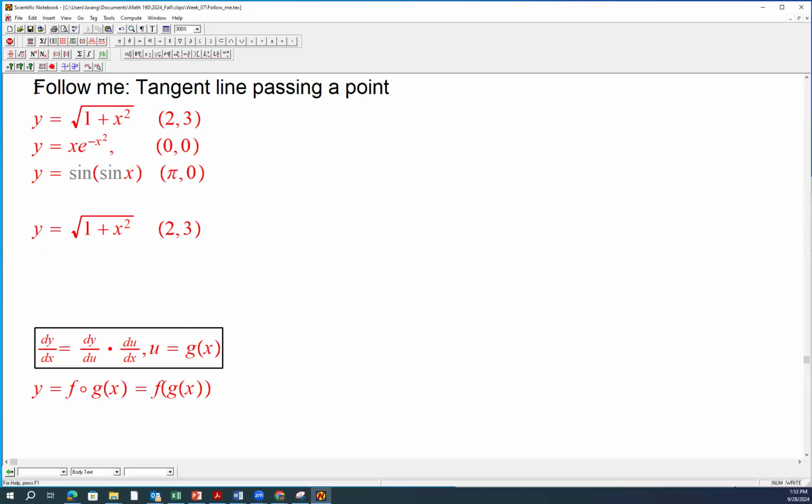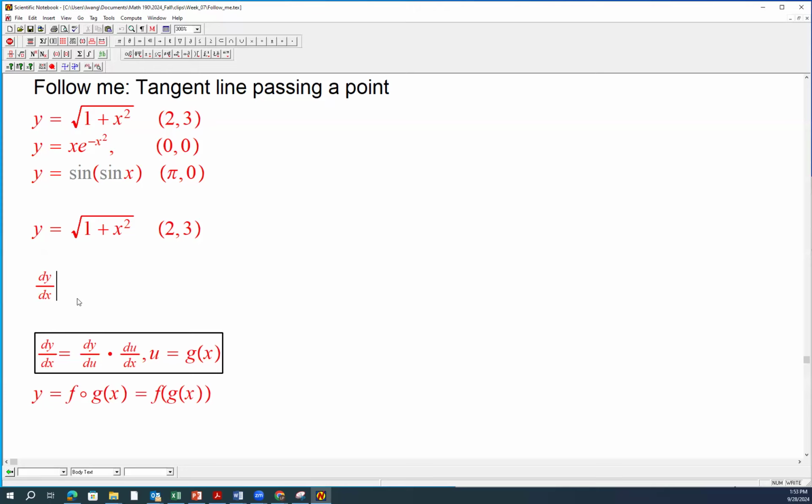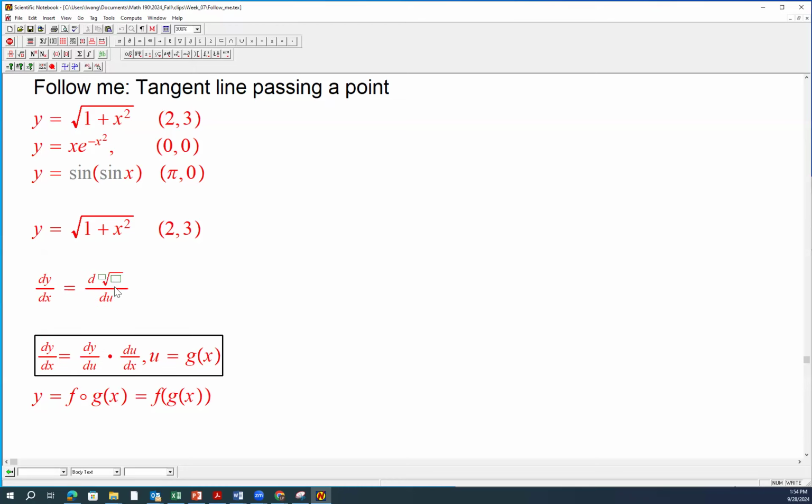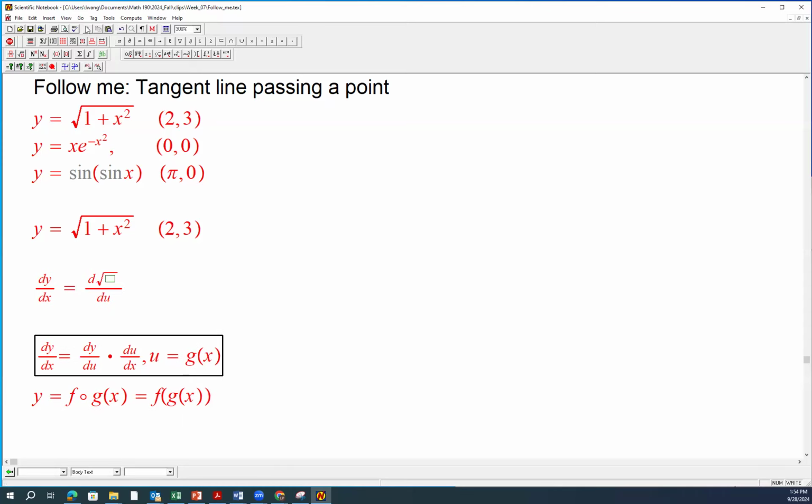You can see that order, so we're going to do the derivative first. dy/dx is going to be the derivative of a root function with respect to u, and the root is the root of 1 plus x squared. That's our u.